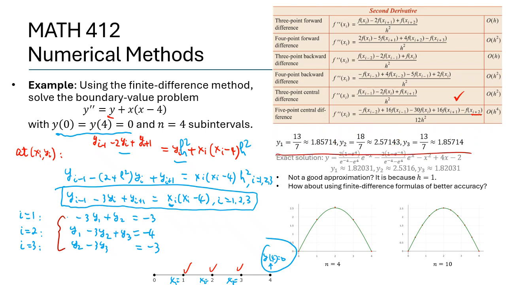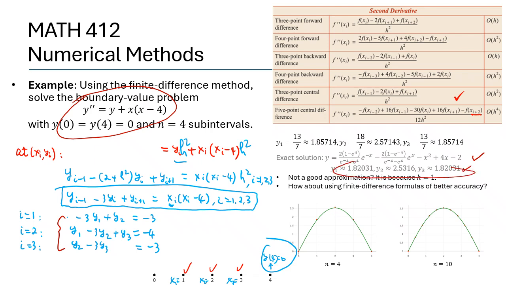For such a boundary condition, we can find the exact solution. The exact analytic solution is this function, and we evaluate it at x equals 1, 2, 3. You get those values, so there are exact solutions, quite close but not the same.